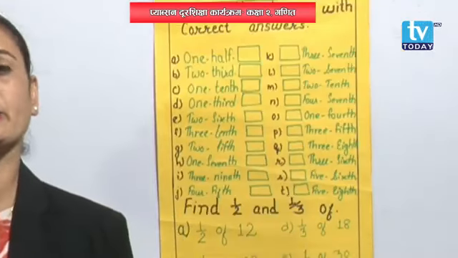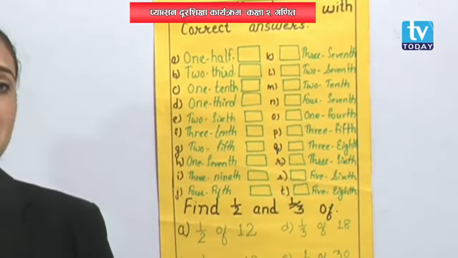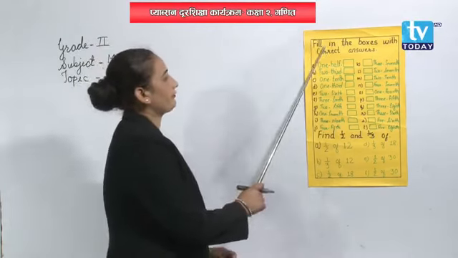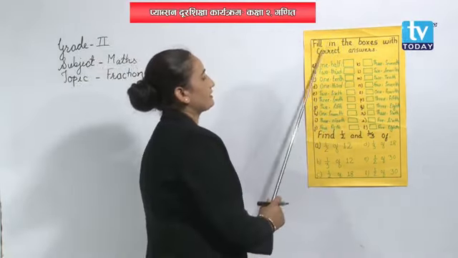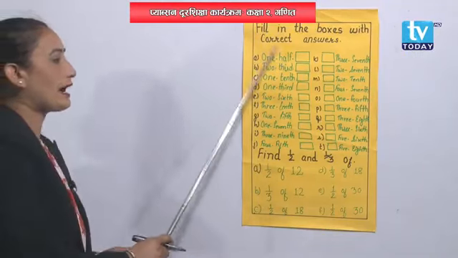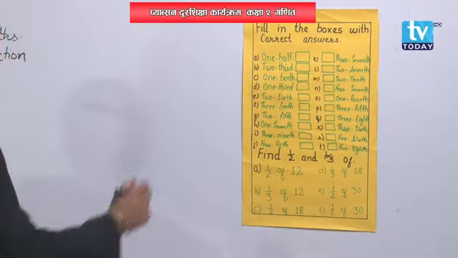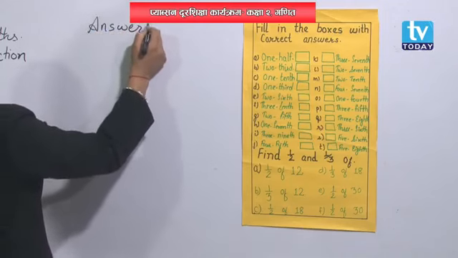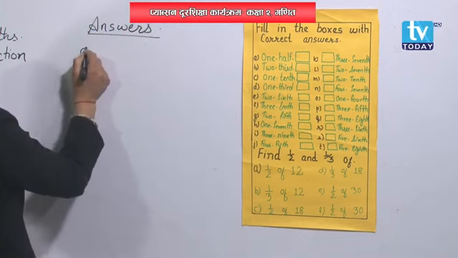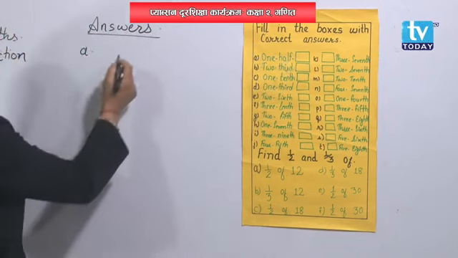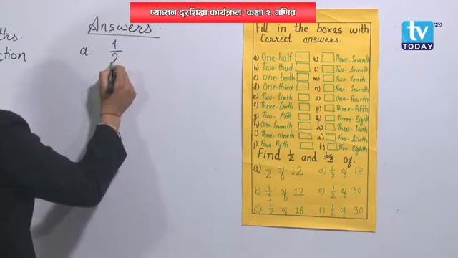Now students, let's look back at our questions today in class. Have you looked at the chart or not? Okay, fill in the boxes with the correct answers. So the first one is 1/2. Answers are written here, okay? 1/2.